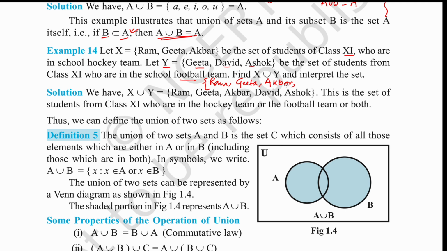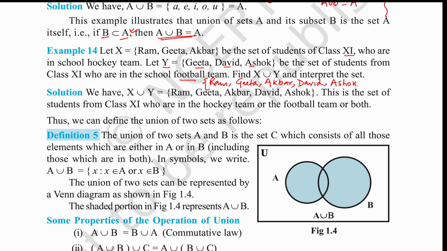Now we also have to include the elements of set Y, but in set Y, Geeta is there, and we have already included Geeta. So we are not going to repeat Geeta inside this set. The remaining two, that is David and Ashok, are definitely going to be here in the union because they were not inside set X. So you have David and Ashok.